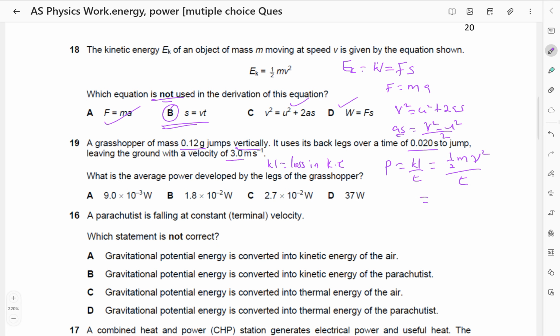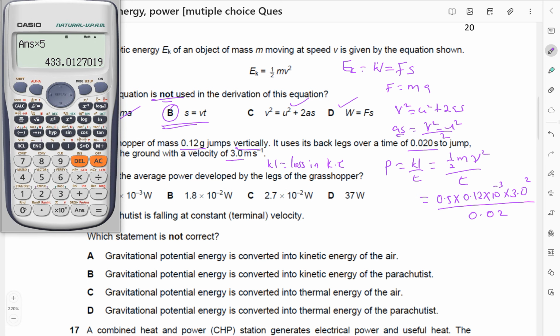So this will be equal to a half, which is 0.5, times the mass, which is 0.12, times 10 power negative 3 to change it to kilograms. It leaves with a velocity of 3, then to go to maximum height, velocity becomes 0. So this will be 3 minus 0, and this is squared. Divide by t, which is 0.02.